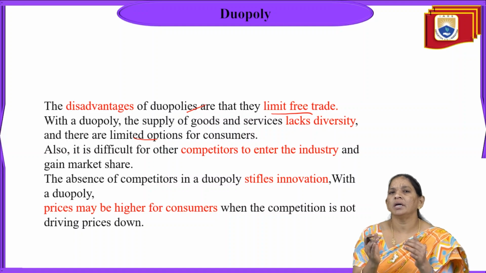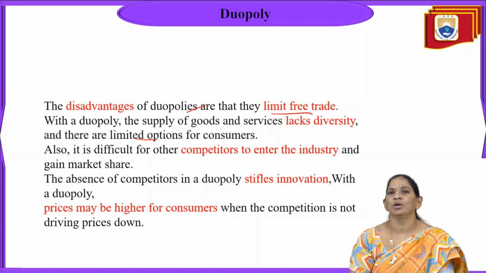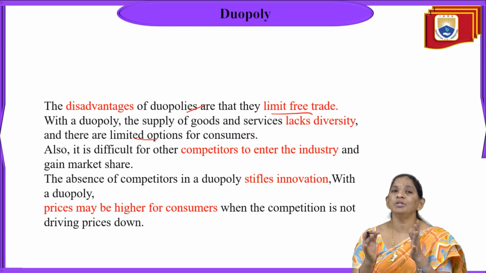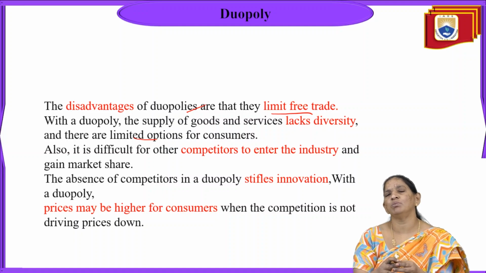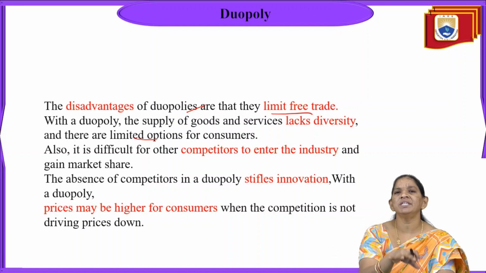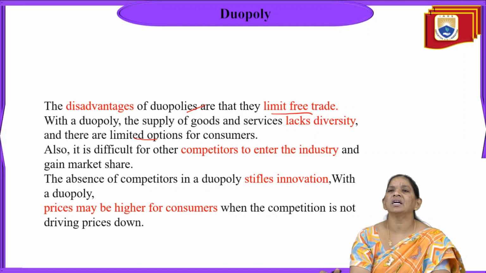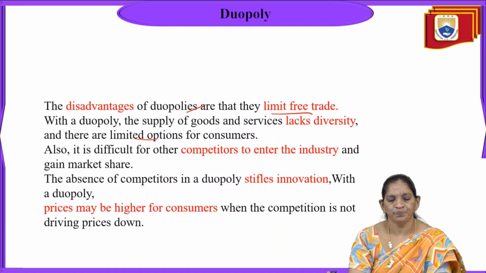Why? Because in the area where they are producing, they are able to capture the majority share of the market. So the supply will be limited to that space and is unable to reach different areas. For the duopoly product, the consumer will have limited options due to the lack of diversity.